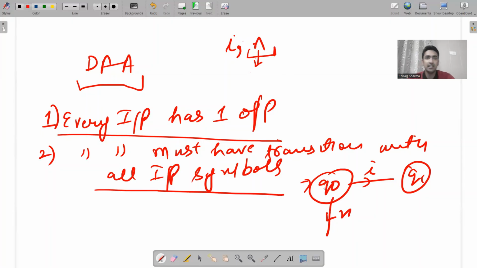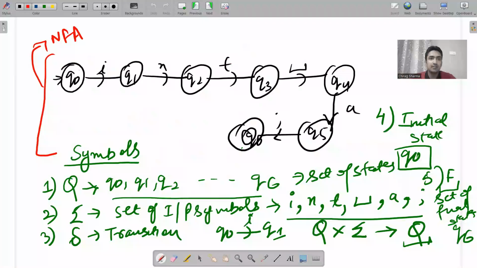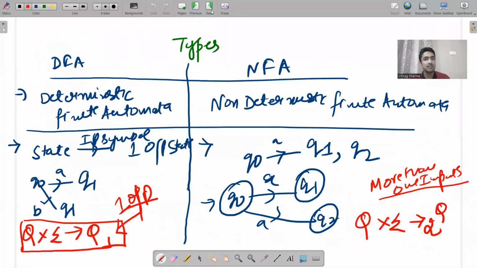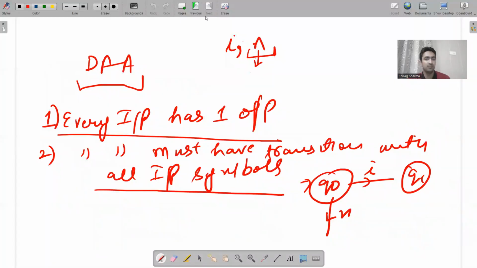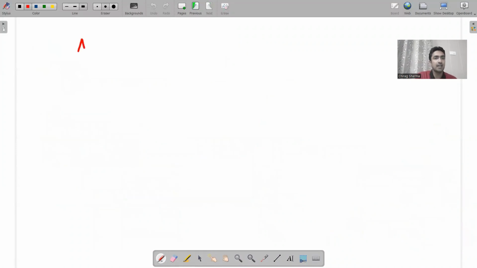But unfortunately, in this particular part, if we see this over here, we don't have Q naught transition with NT space A semicolon. So Q naught is only having a transition with I. But in DFA, the case is it must have transition with all input symbols, like I have explained here. But so what is NFA in that particular say?